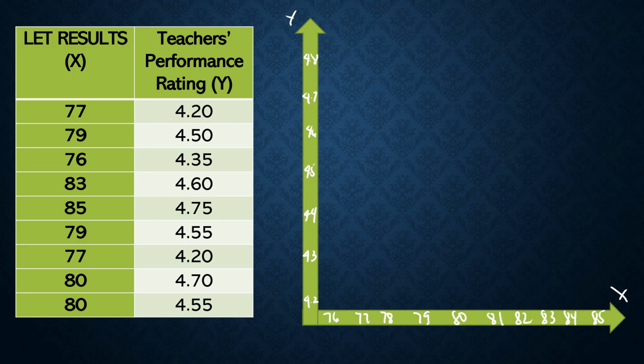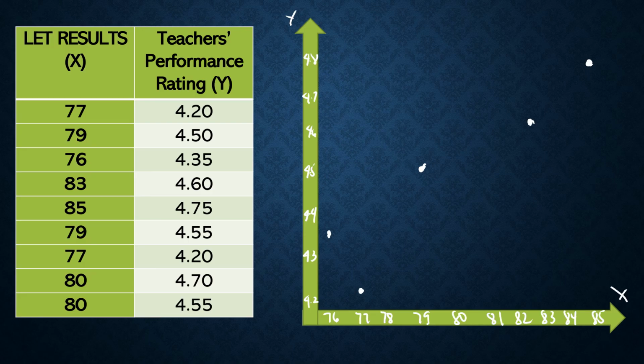Now let's plot the following points so that we can create a scatter plot. 77, 4.20. 76, 4.35. 79, 4.5. 83, 4.60. 85, 4.75. 79, 4.55.